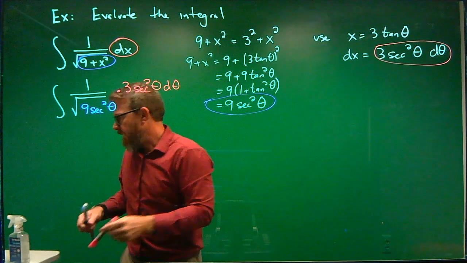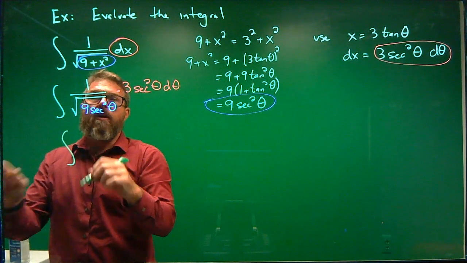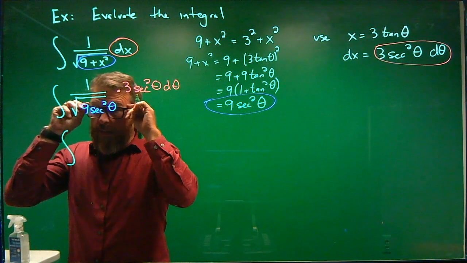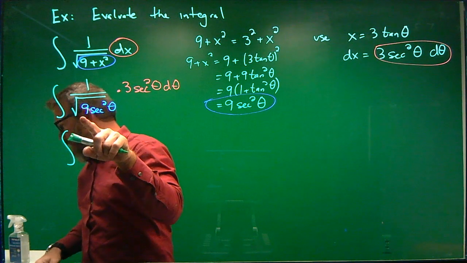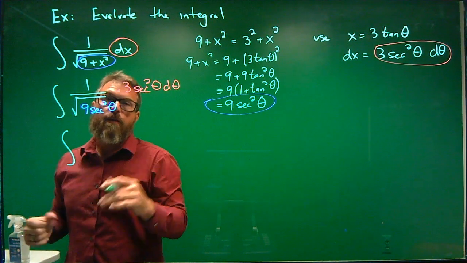All right, now let's simplify this as much as I can. So this is going to be equal to the integral. Well, this is the square root of a perfect square, which doesn't really cancel these things. It technically becomes the absolute value, but a lot of times you're integrating these things over the interval for which it's positive.